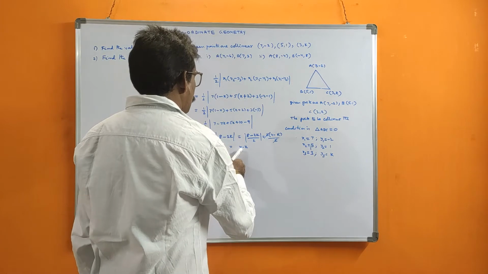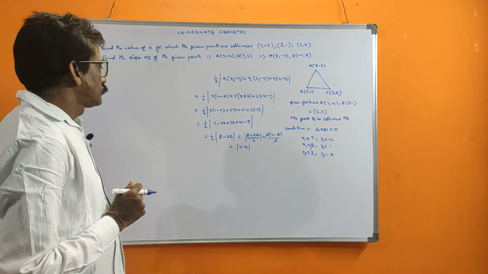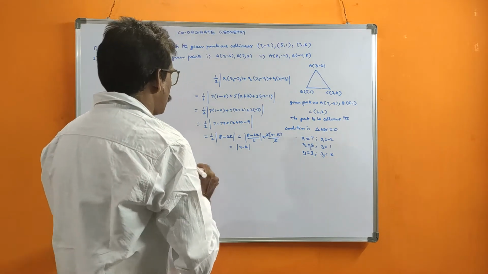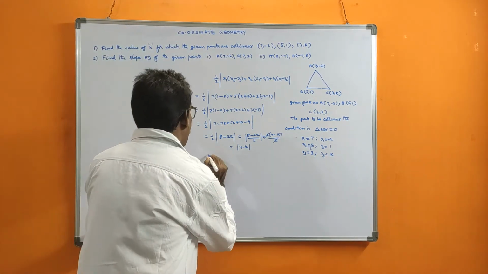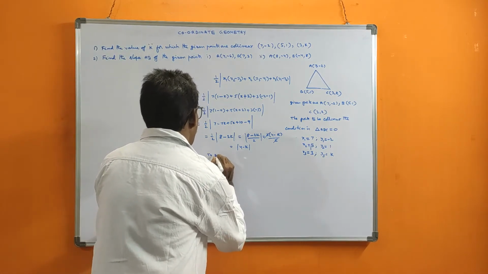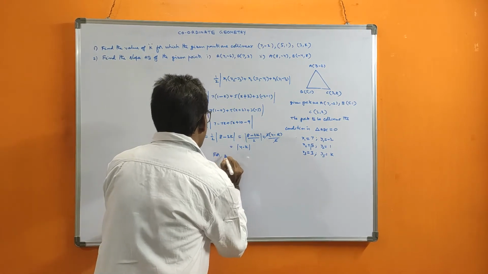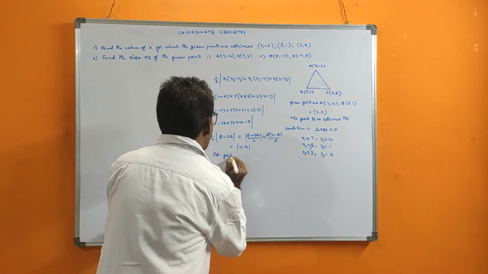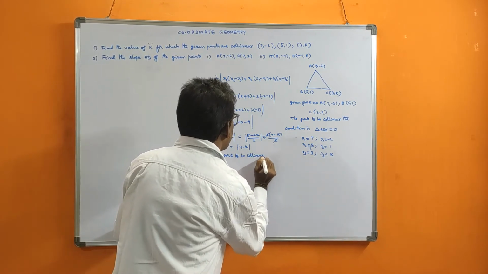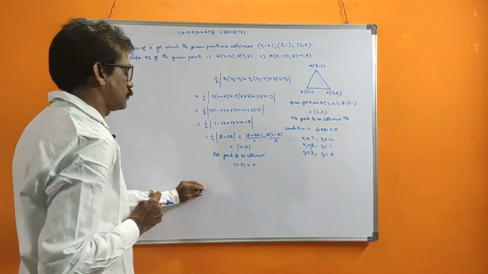Now, positive values only you will take, so this is a modulus. For the points to be collinear, this modulus of (4 minus k) is equal to 0.